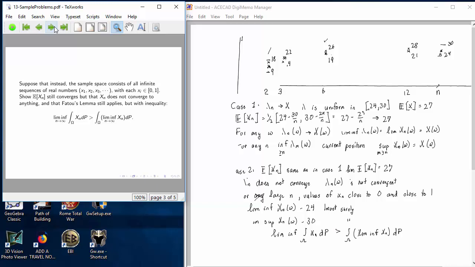And Fatou's Lemma says the left-hand side is always greater than or equal to the right-hand side.